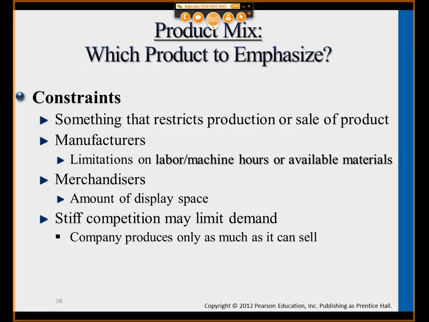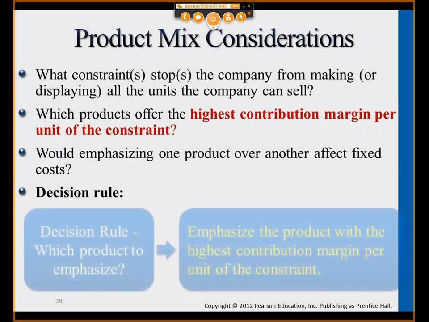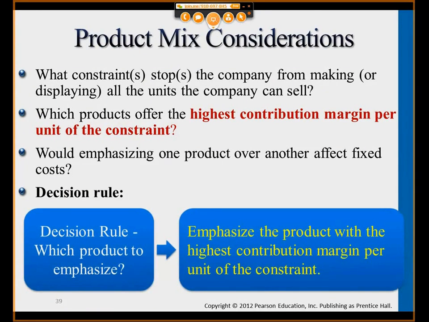And the stiff competition that might limit our demand. So a company is only going to be able to produce as much as it can sell. So we have to take into account these constraints when we're deciding what is the product mix and if we need to drop either of the products in it. All right.